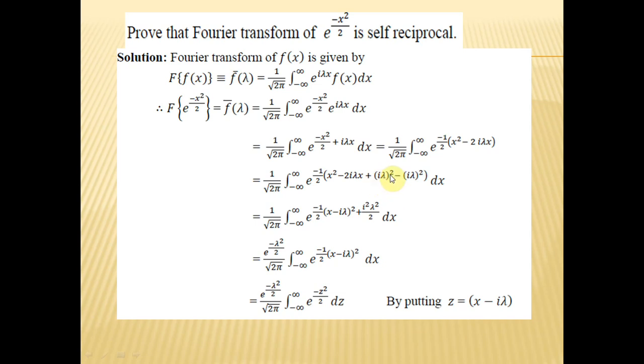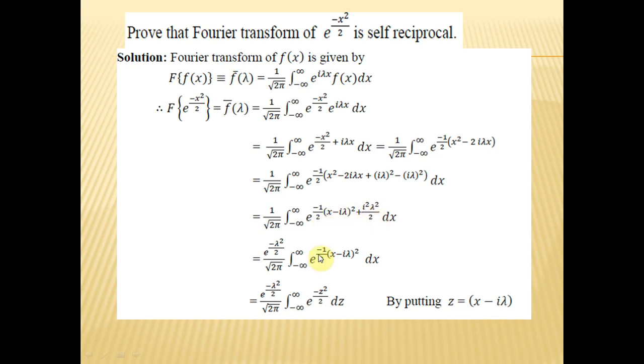We could combine these three terms to make the form x minus i lambda the whole square, and this i square becomes minus 1, and this lambda square exists. So this term can be written like this, plus i square lambda square divided by 2.